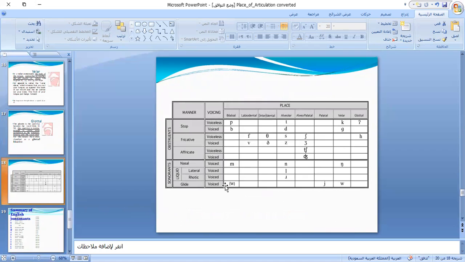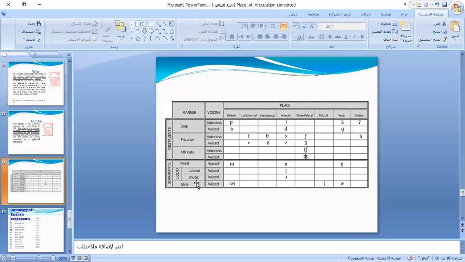Here is the chart of how sounds are classified according to place of articulation and manner of articulation. You see in the manner, the first column: stop, fricative, affricate, nasal, lateral.